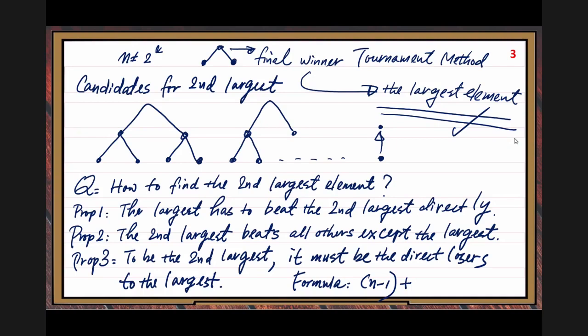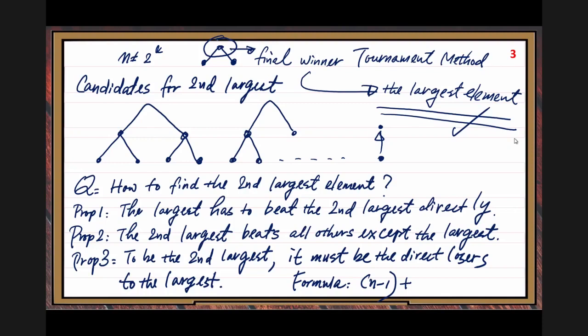How many rounds do we have? We need to estimate that. Because at the top level there are no rounds, right? If the last player remains at the very top, no match, no game.